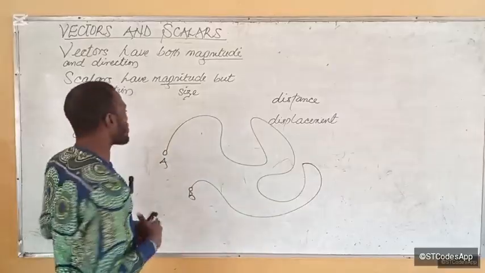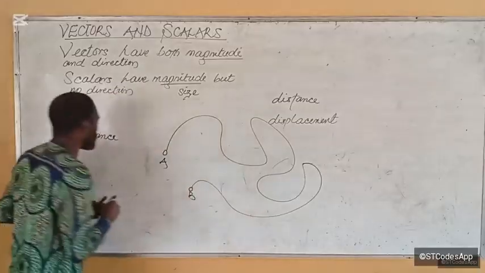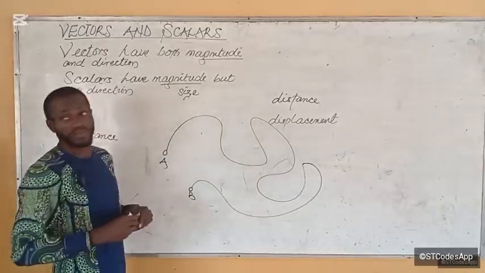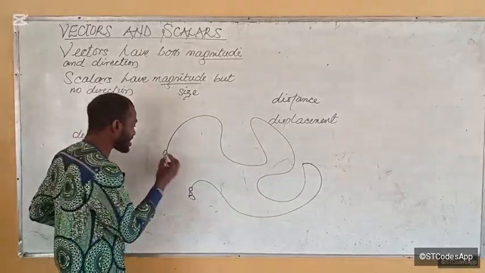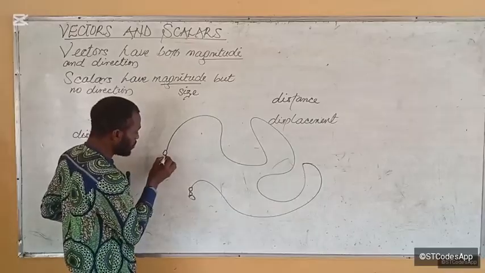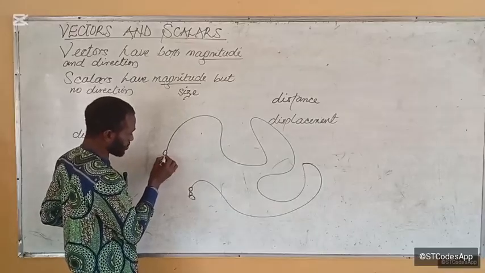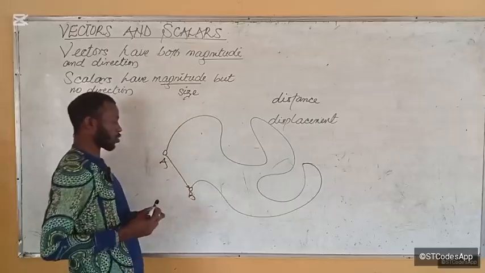But if you are told to find the displacement of the body, the displacement is different. The displacement of this body is actually the shortest distance from the starting point to the stopping point.